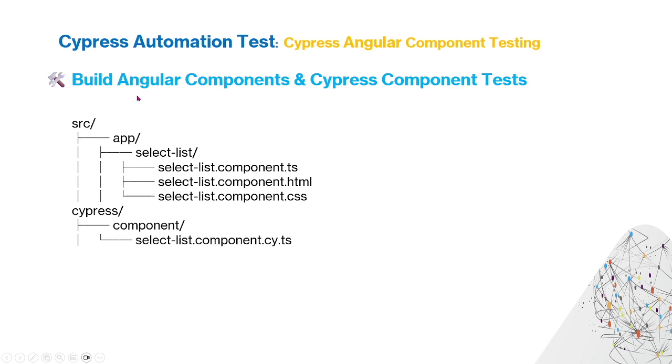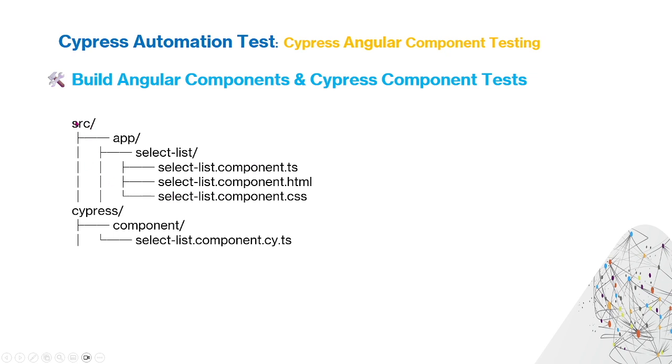Here is the file structure of an Angular components testing project. In the source code, in the app, under the select list folder, we have the components, like the HTML, the CSS, and the TS file that define this.